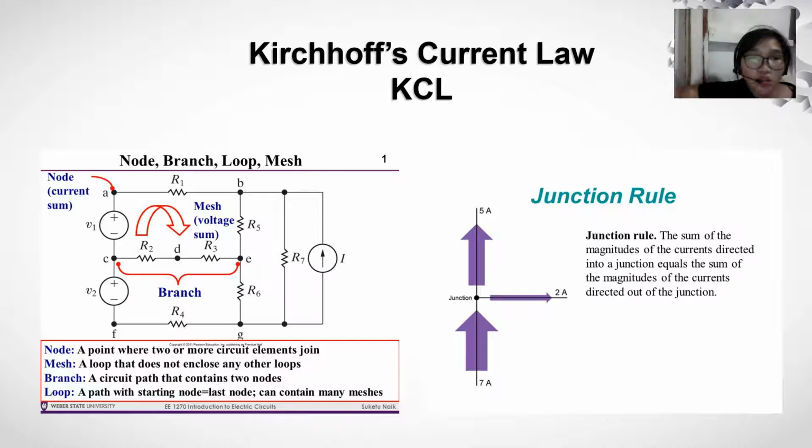A branch is a circuit path that contains two nodes. A loop is a path whose starting node is equal to its last node, and it can contain many meshes. In the junction rule, the sum of the magnitudes of the currents directed into a junction equals the sum of the magnitudes of the currents directed out of the junction.